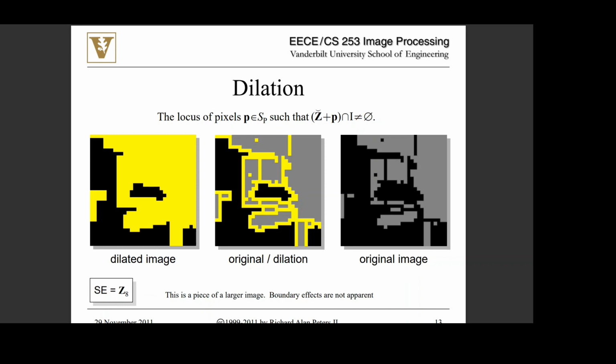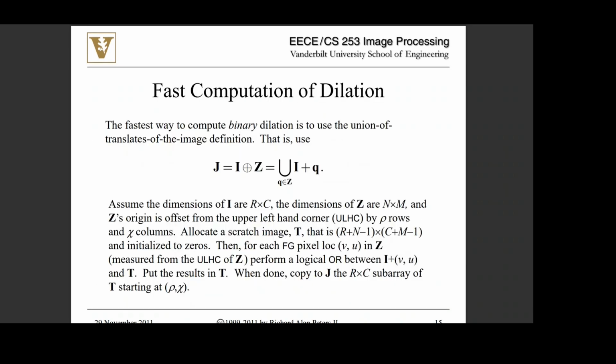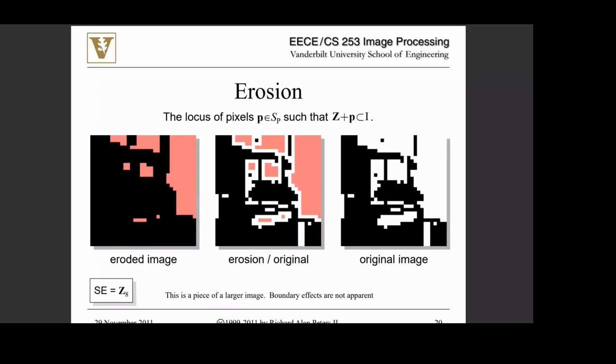With this kind of kernel, it depends on the kernel, but with this kind of kernels, the original is fully included in the dilation. And in the erosion, it is the opposite. The erosion is fully included in the original.